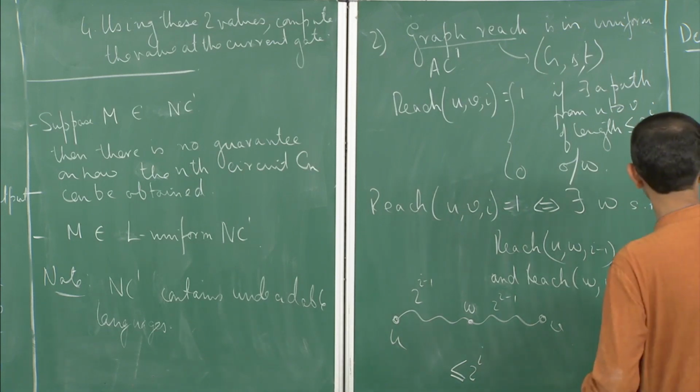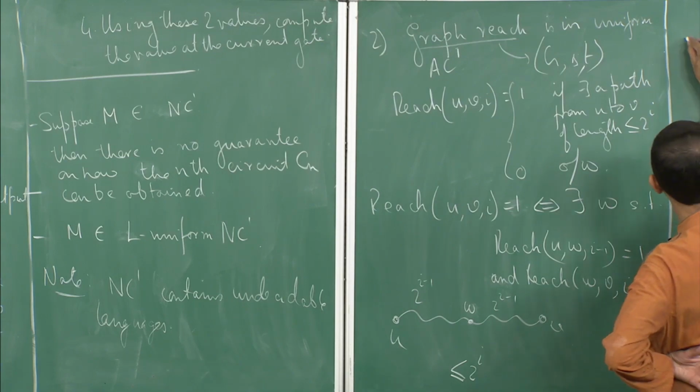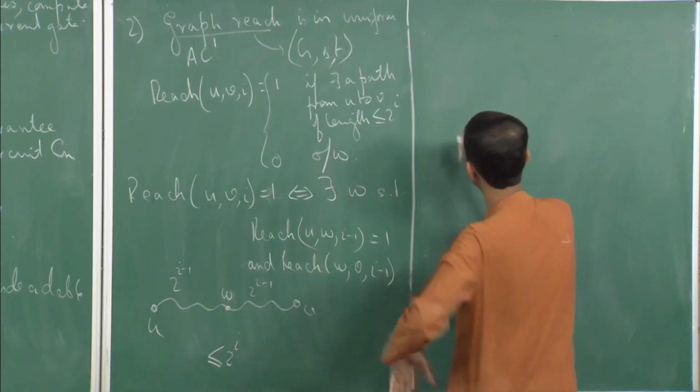So, here is a circuit for reach. So, how do you do the circuit? We can write essentially just encoding this.